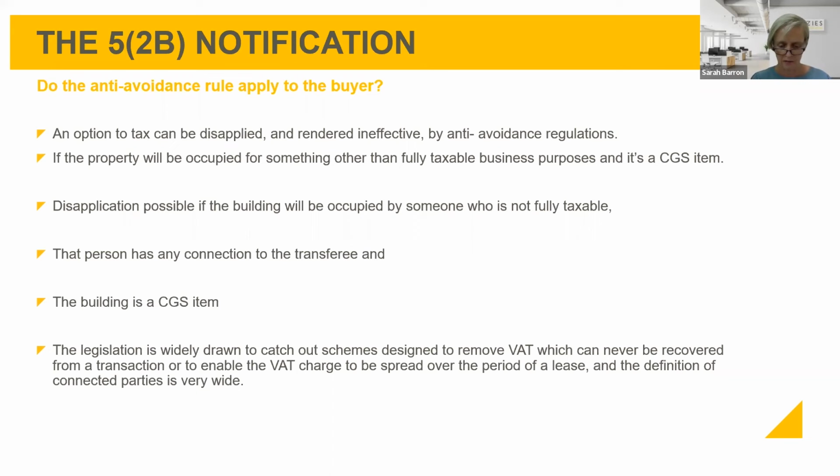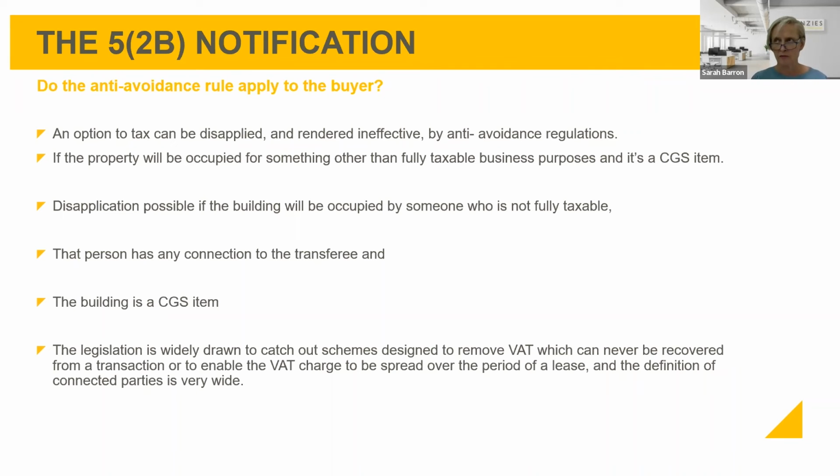You'll have seen the reference to 5.2b in the contract, and that is basically a notification that the option to tax that the buyer takes isn't going to be disapplied by anti-avoidance regulations.